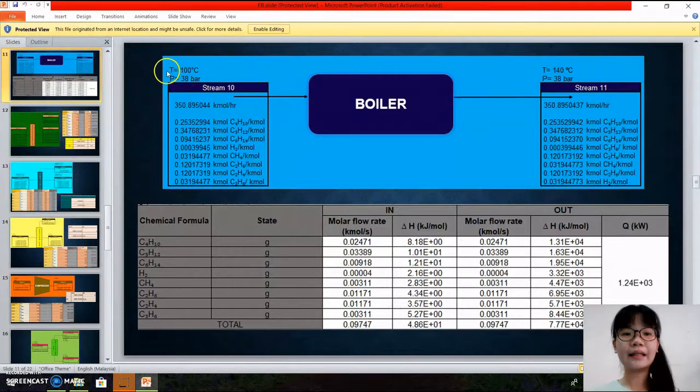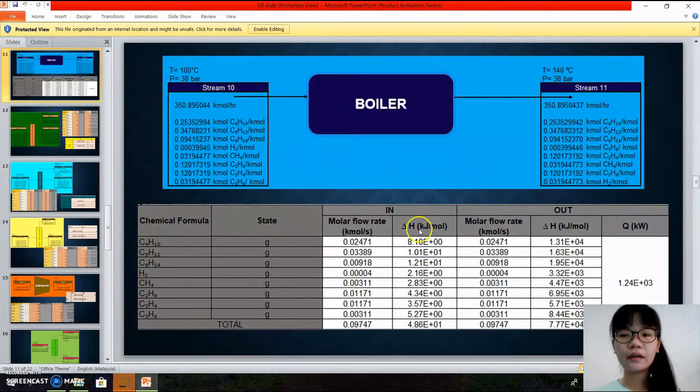For the boiler, the inlet temperature is 100 degrees Celsius while the outlet temperature is 140 degrees Celsius. The inlet pressure and outlet pressure are the same, which is 38 bar. The molar flow rate and the mole fraction of all hydrocarbon compounds in the inlet stream are the same as the outlet stream.